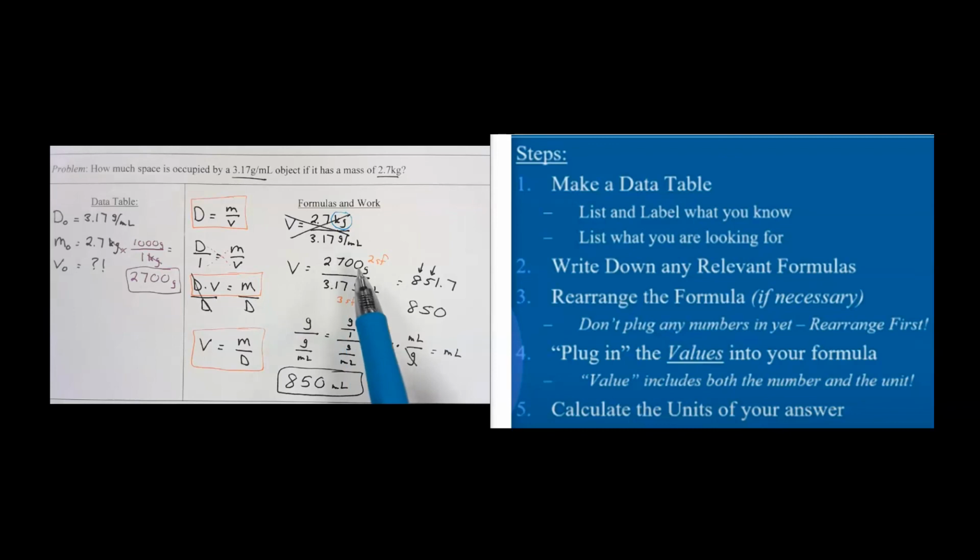If you just had 2,700 divided by 3.17, you're losing points because there are no units there. I need to see that. Students don't put the unit, they don't recognize that one's in kilograms and one has grams here. So they never change it and they get the answer wrong. So everything I do here is for a distinct purpose, all right? Simplify everything, go to proper sig figs, and you're good to go.